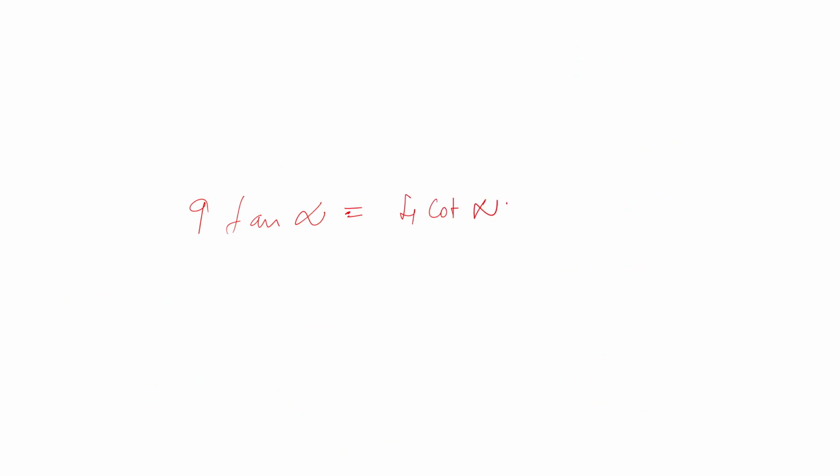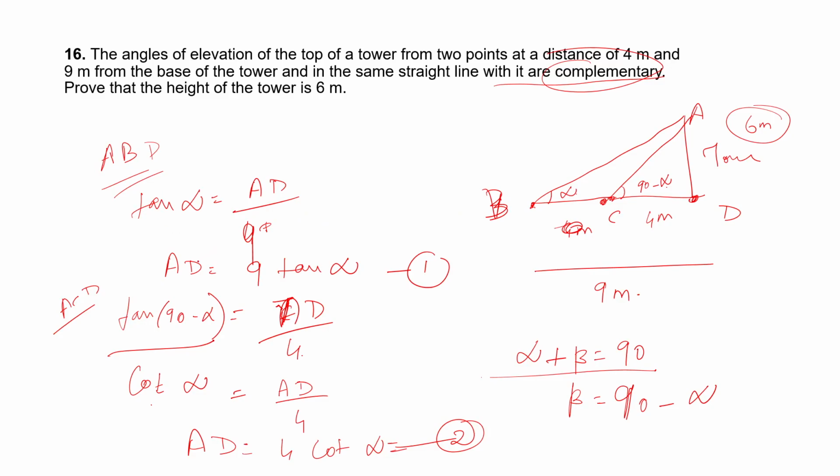You can equate like this, or you can keep it as BD instead of 9, which will be easier for you. Tan alpha is equal to AD by BD, and here also for cot alpha, instead of 4 you keep it as CD, AD by CD.